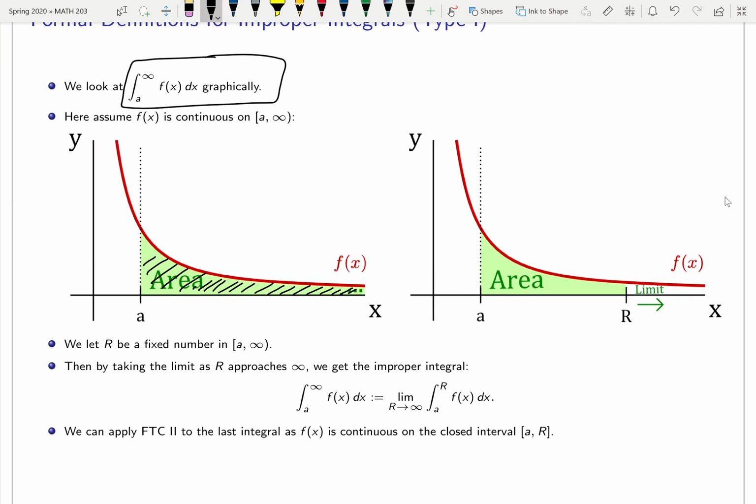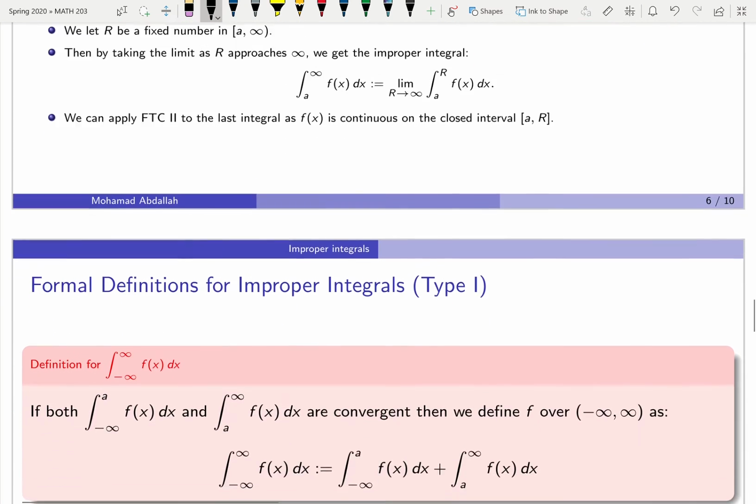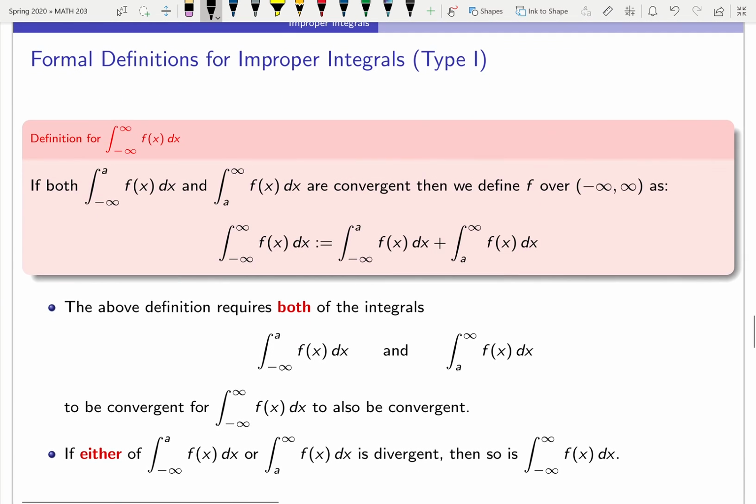We let r go to infinity. This is going to cover all this area, and then we compute the limit. If the limit exists, we say it's convergent. If the limit is plus or minus infinity, or does not exist, we say it's not convergent, which means divergent.